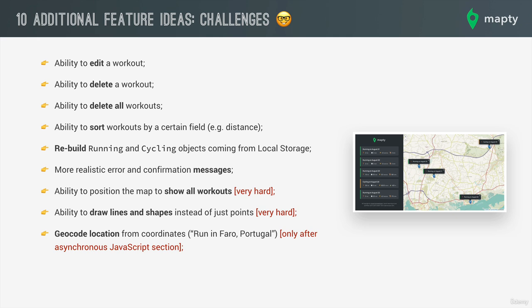So for example, you could then call the run a run in Faro, Portugal, because the third-party web API would give you that location data. So a description of the location, not just the raw coordinates. Besides that, you could also use a third-party API to display the weather for the workout time and place. But again, these two you can maybe tackle after the end of the next section if you feel like improving this project even more.